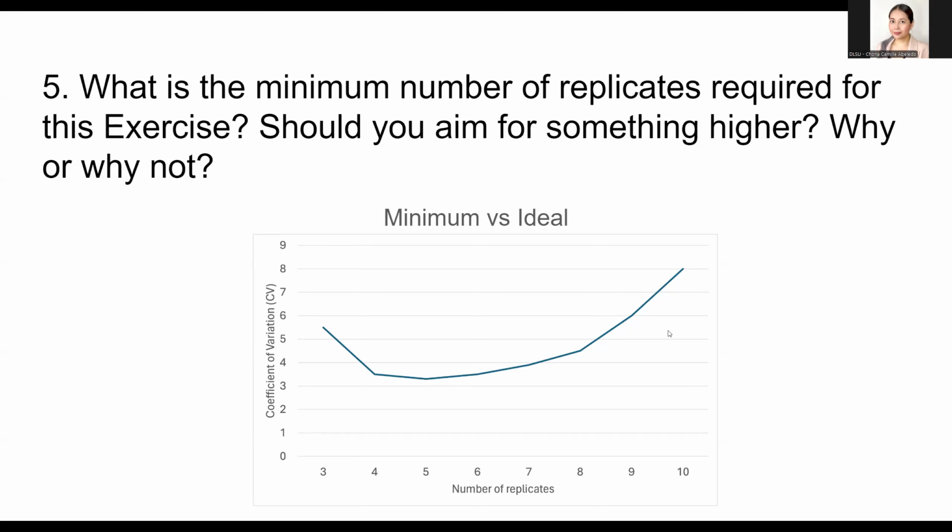So, even though the higher the replicates, the better, there are certain experiments wherein a higher number of replicates would be bad. So for experiment 2, for example, if you have 4, 5, 6 replicates, you're good to go. But if you try to do more than that, there's a chance that your data would actually suffer.